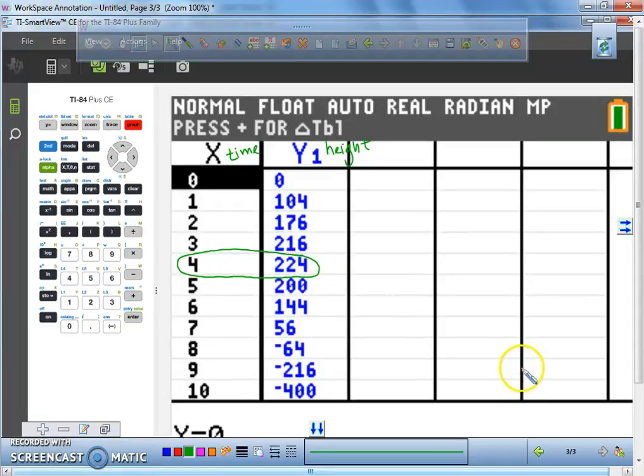Where do you think it hits the earth again? Between what two numbers does it hit the earth? 7 and 8. So somewhere in this vicinity, it's going to go back to the ground. Now this actually is not the maximum height. There is a clue whenever you're working with parabolas of whether you actually can see the maximum height on the graphing calculator.